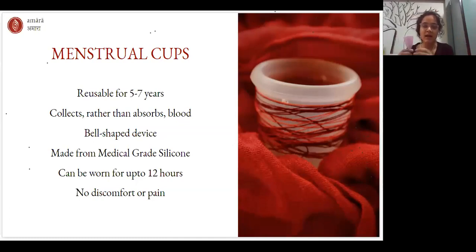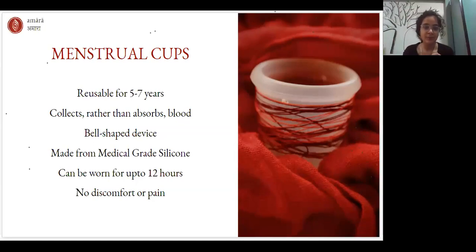I don't know if you can see, there are these suction holes which actually increase the suction. There is a stem at the bottom. Some cups don't have a stem, and it generally has a grip, so you can hold on to the cup. That is basically the structure of a cup.